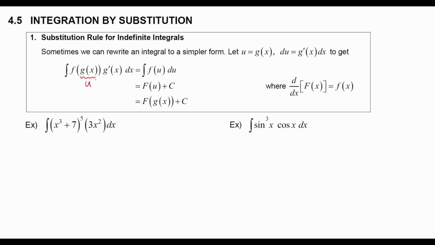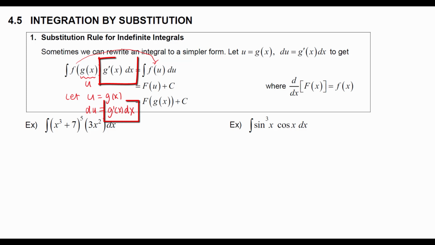u, so that you can substitute as f of u. Because you let u equal g of x, if you take the derivative of each side, the derivative of u is 1 du, and the derivative of g of x is g prime of x dx.